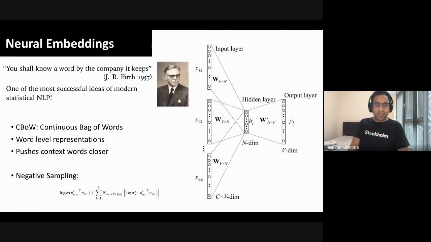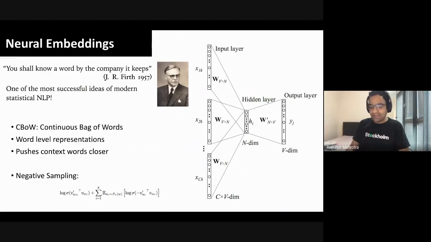He proposed the continuous bag of words model wherein we can learn word representations. The goal here is that if two words co-occur together, then we push their embeddings closer in the representation space. And if they don't, then we do some negative sampling and push two different words far away from each other in the representation space.